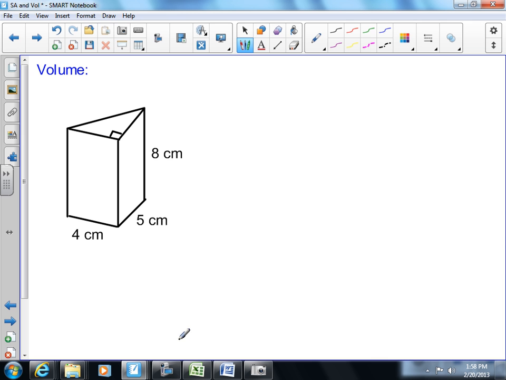Okay, the next one will be the volume of a triangular prism. The area of the base times the height. This time the base is in the shape of a triangle. So I'm finding the area of your triangle times your height. To find the area of the triangle, we need to take the base times your height of the triangle.